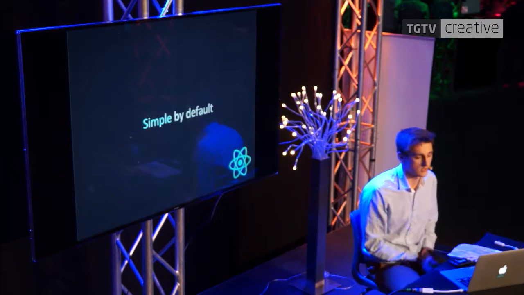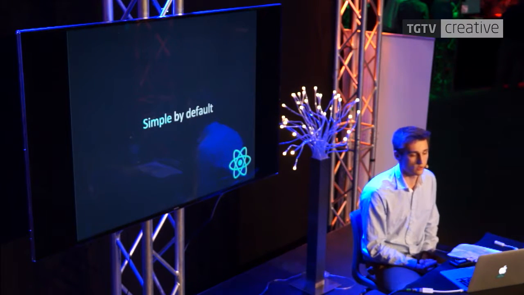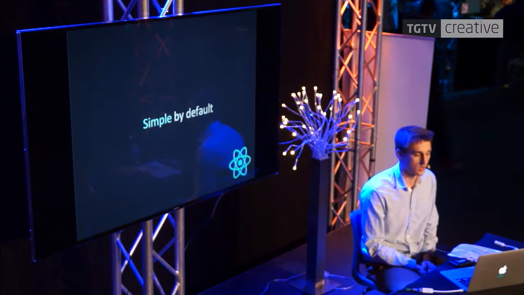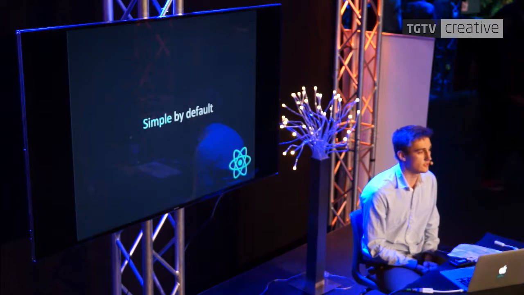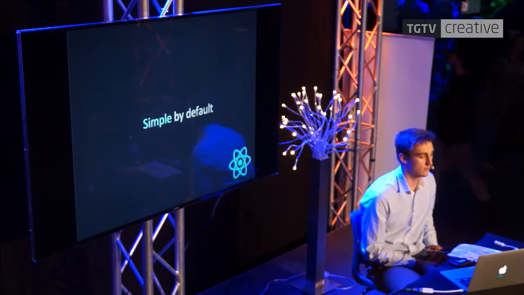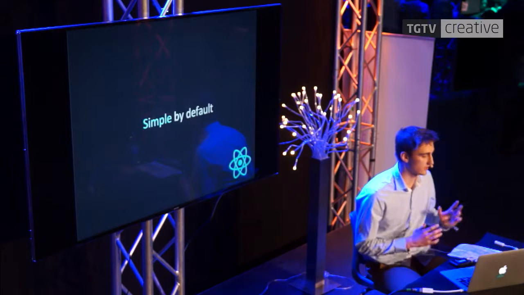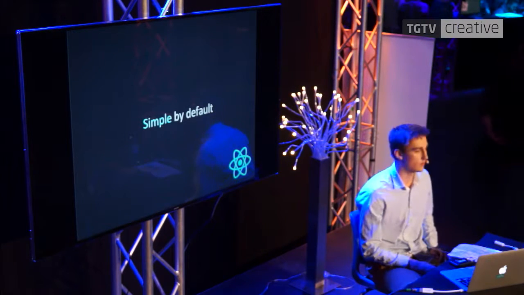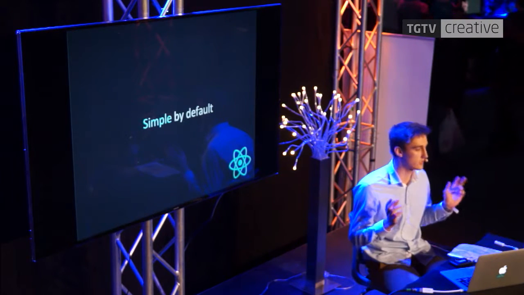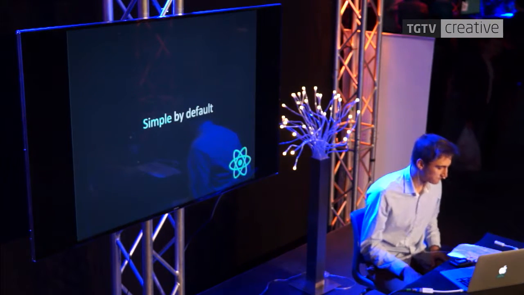Simple by default. It allows you to do code splitting, which basically is to split up code into different modules. It's easier for designers to integrate their designs. So if you have a designer, they can easily program. And that's the bread and butter of React: programmers and developers work hand in hand instead of working by themselves.